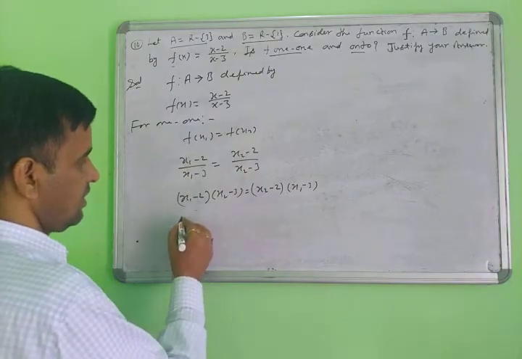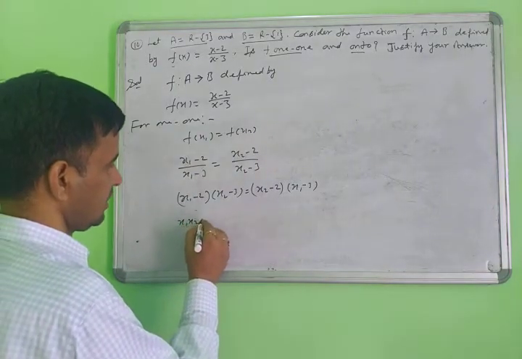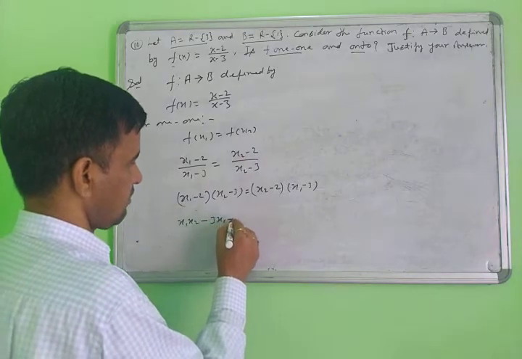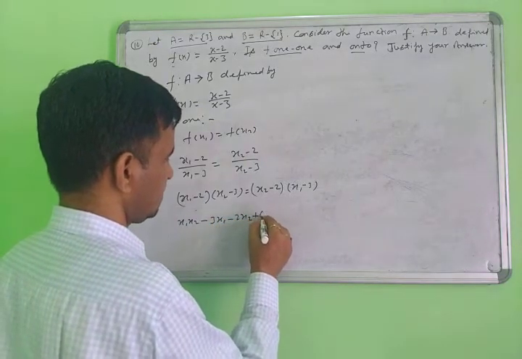Now multiply: x1x2 minus 3x1 minus 2x2 plus 6.